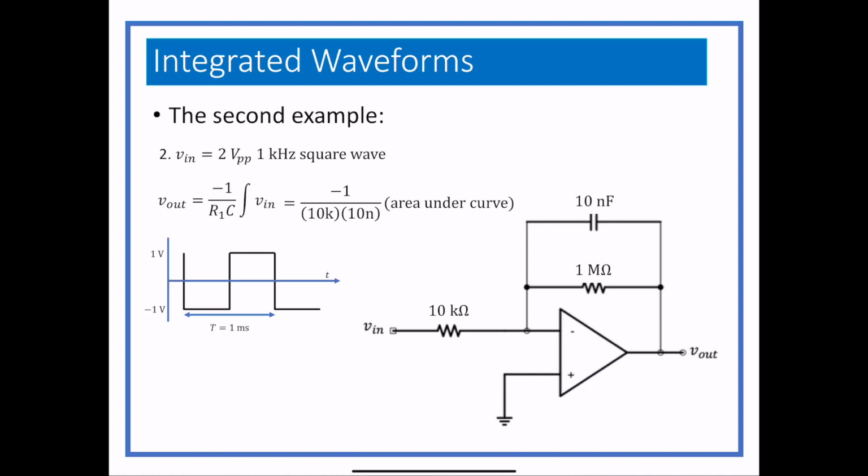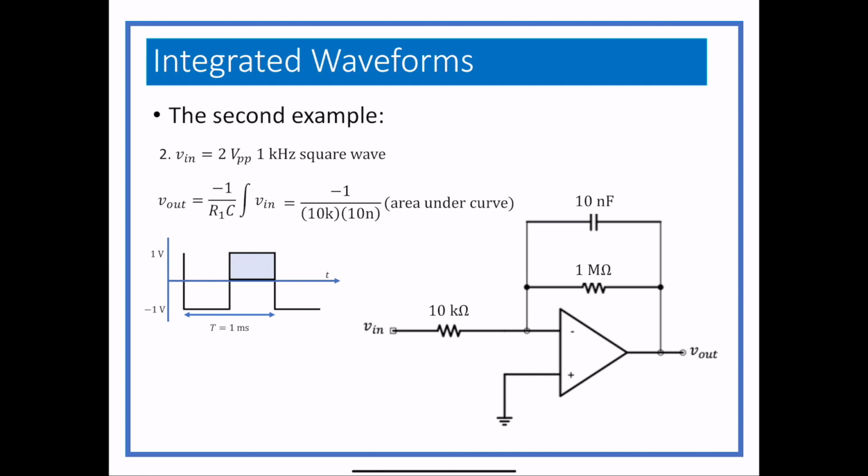And the way we figure that out is we plot it. If we look at the positive part of the waveform kind of shaded in, we just want to know what that area is. And you have to pay attention to the fact that the time is in milliseconds, not seconds, so we have to take that into account.